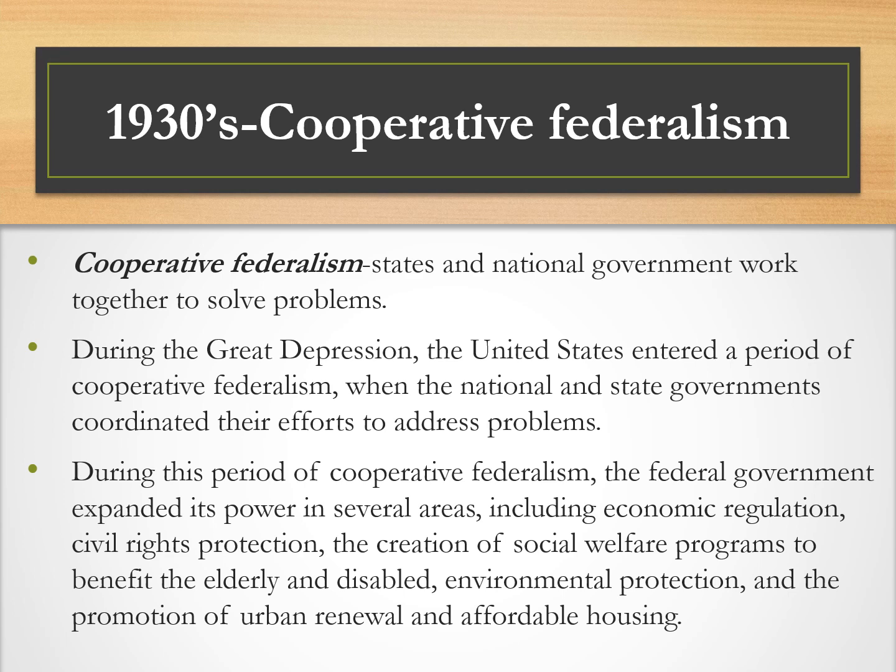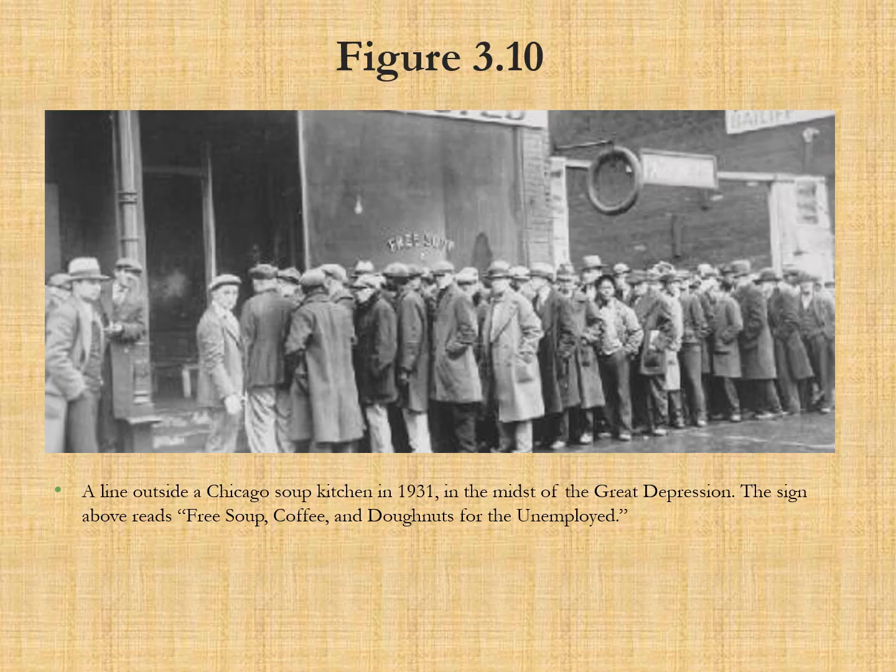So you kind of see during cooperative federalism, states and federal government working together, but you also see the federal government expanding the scope of their power.